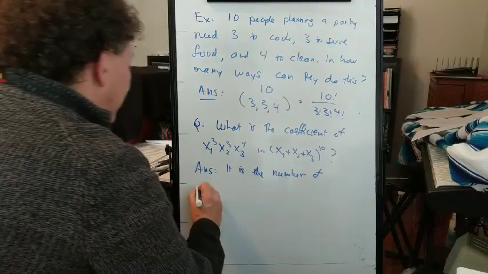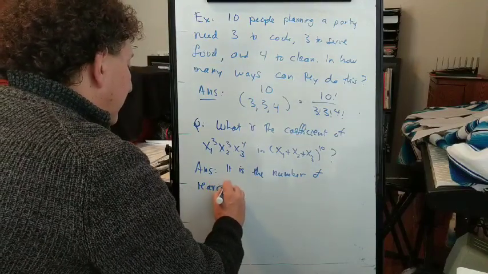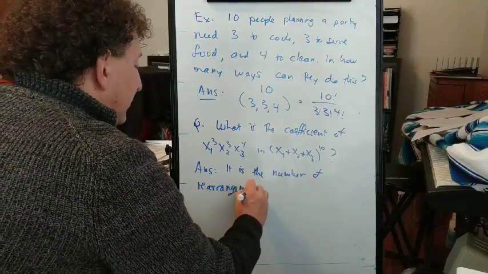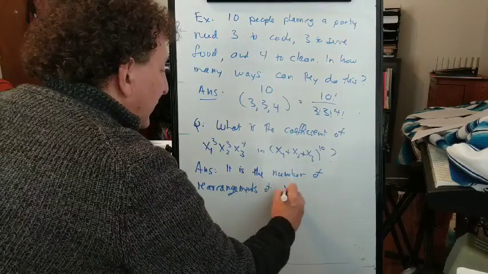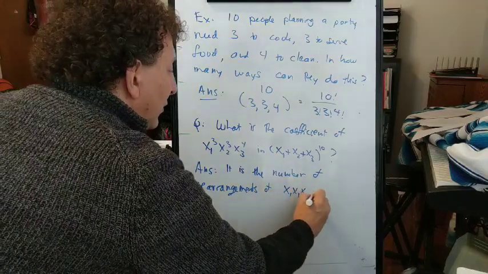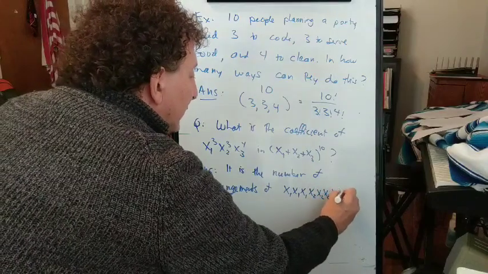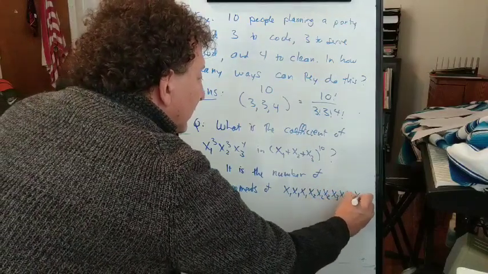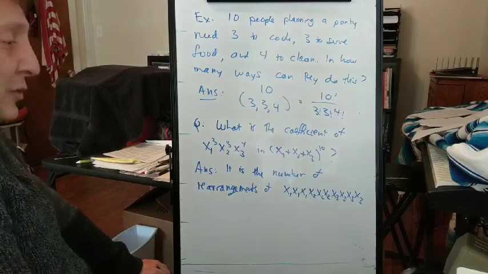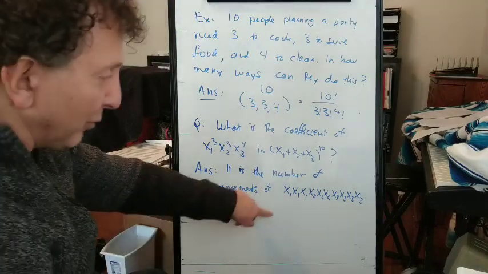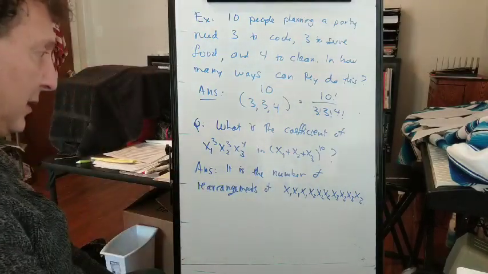So it is the number of rearrangements of x1, x1, x1, x2, x2, x2, x3, x3, x3, x3, which is basically the number of rearrangements of 1, 1, 1, 2, 2, 2, 3, 3, 3, 3.